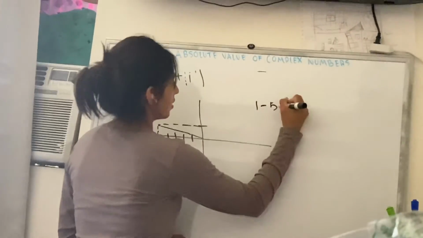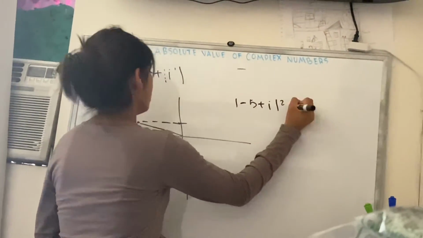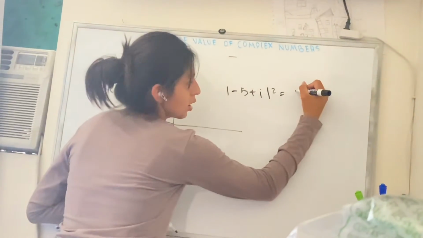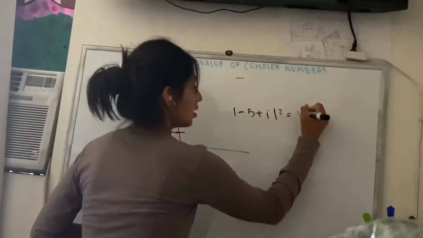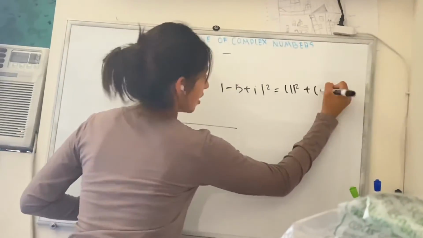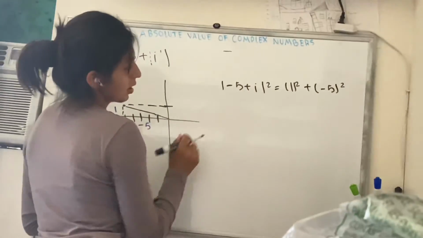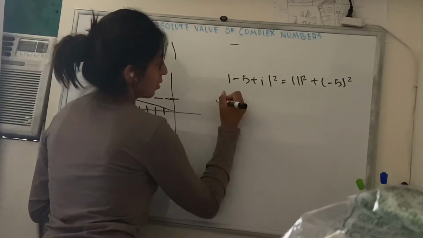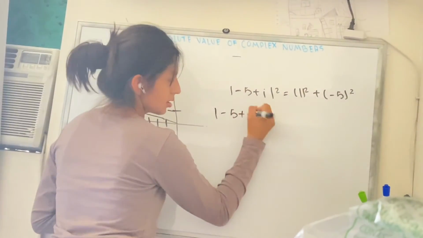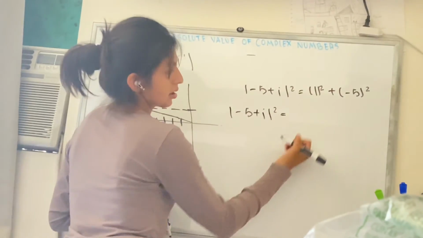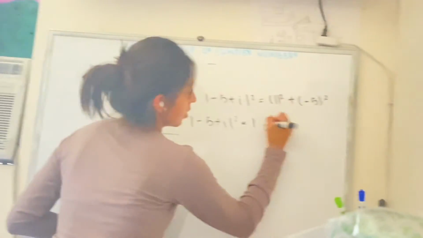The absolute value of negative 5 plus i squared is equal to 1 squared plus negative 5 squared. Okay? We simplify this, 26.